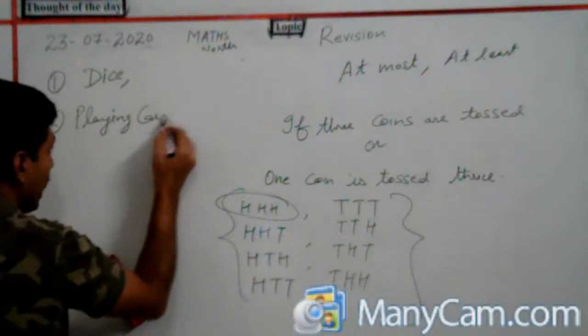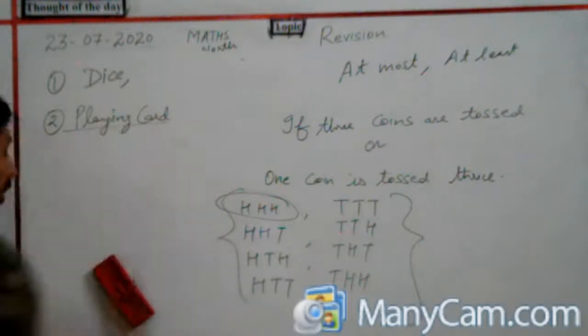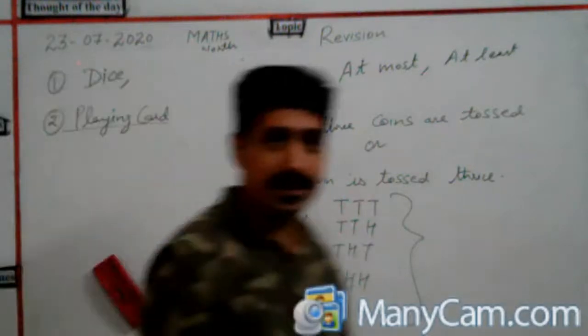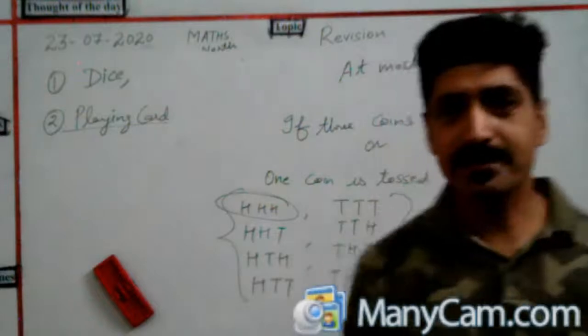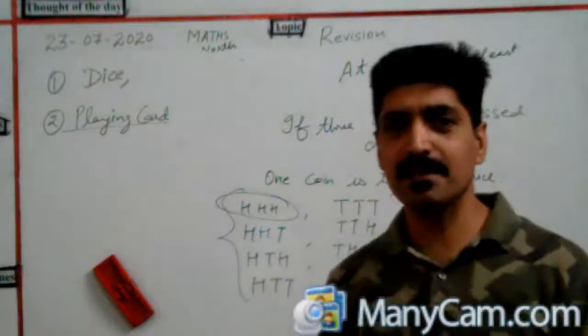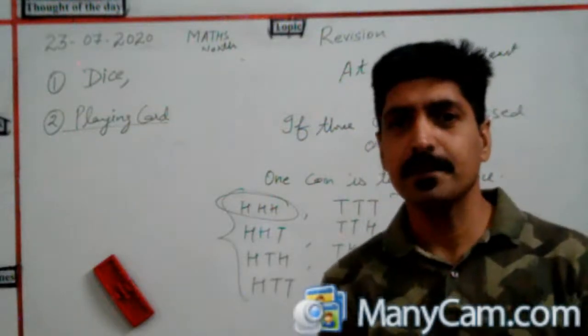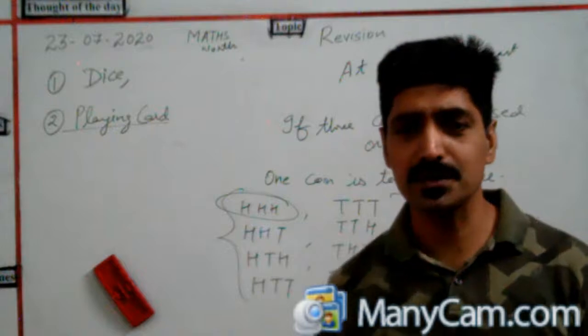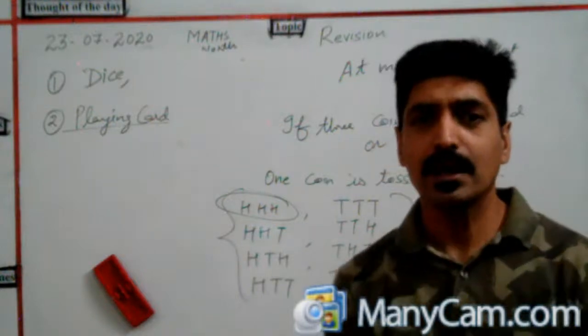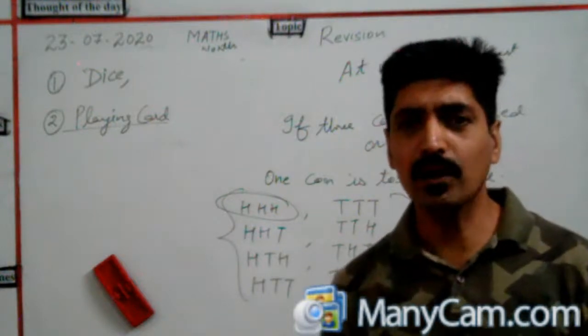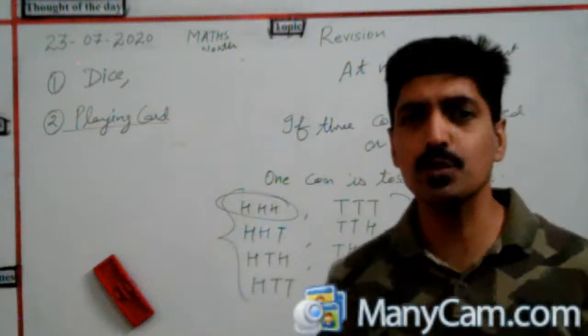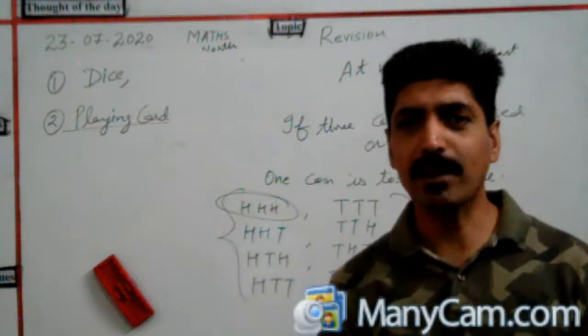You should have the knowledge of playing cards, right? Maybe in some class I will show you the cards. You should know all the colors, 52 cards, we say a pack of cards.